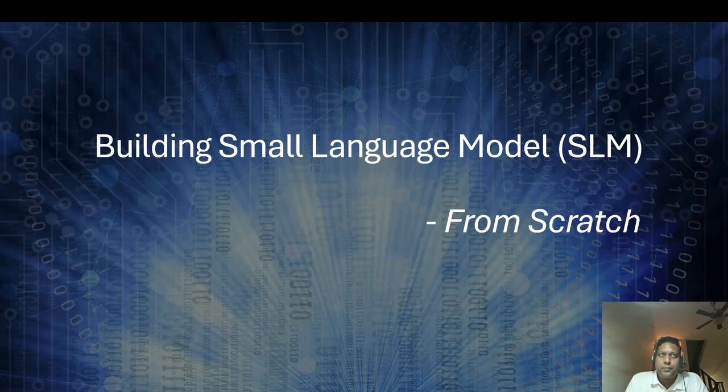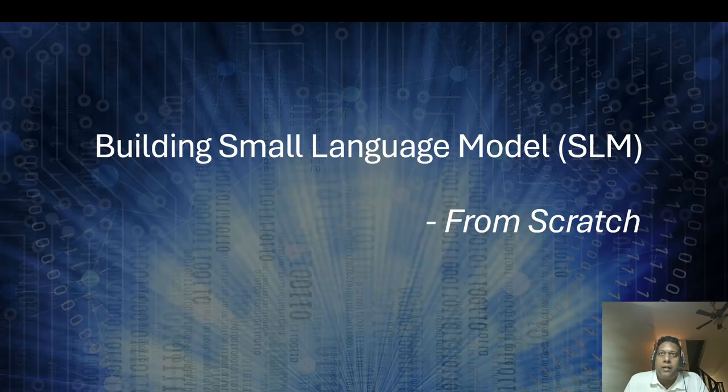Because I think since November 2022, when ChatGPT was launched, large language models and generative AI is beyond fascination, has really changed the world forever, right?